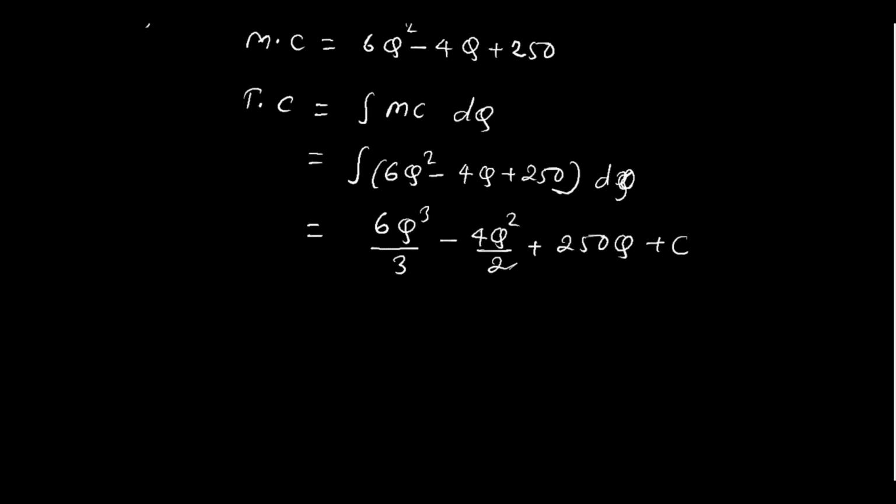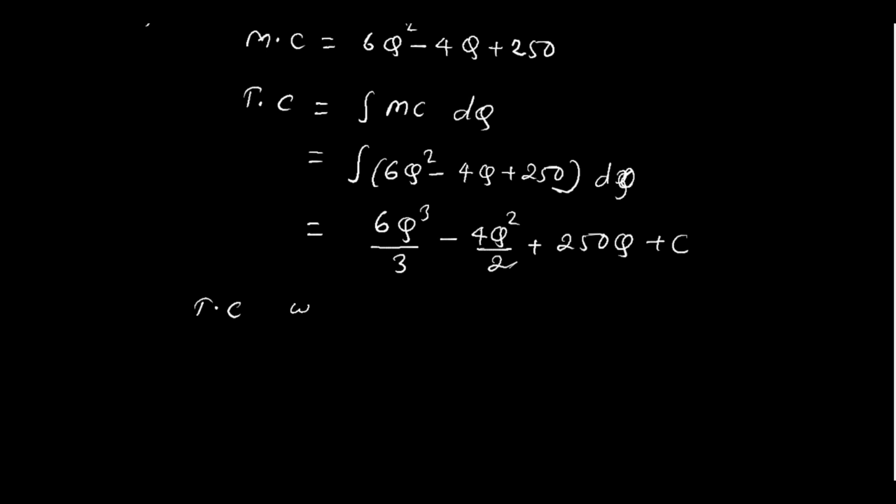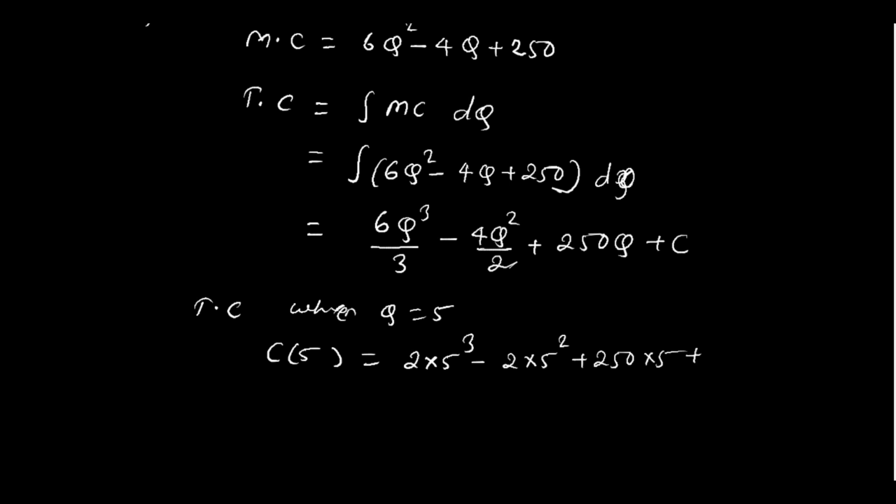Since the production is increased from 5 to 10, we have to find the total cost when q equals 5. C5 equals, substituting the value of q as 5 here, 2 into 5 cube minus 2 into 5 square plus 250 into 5 plus c.